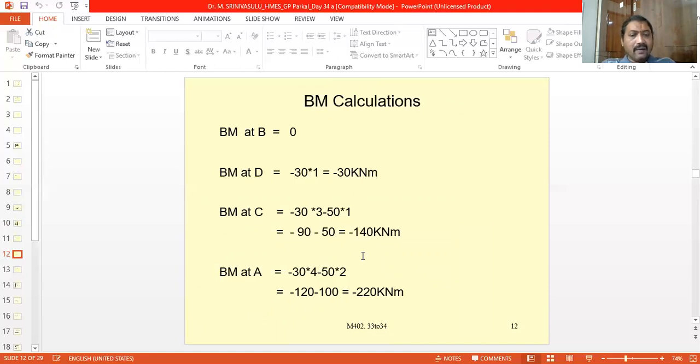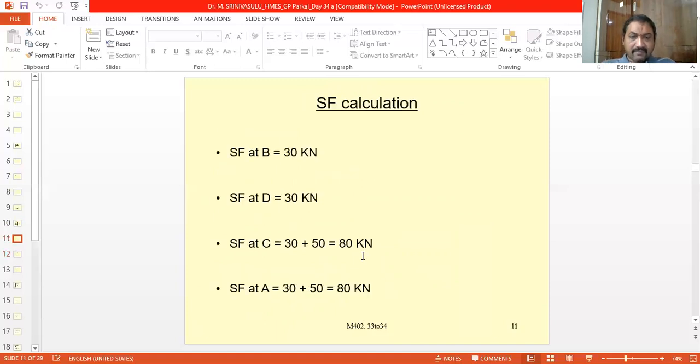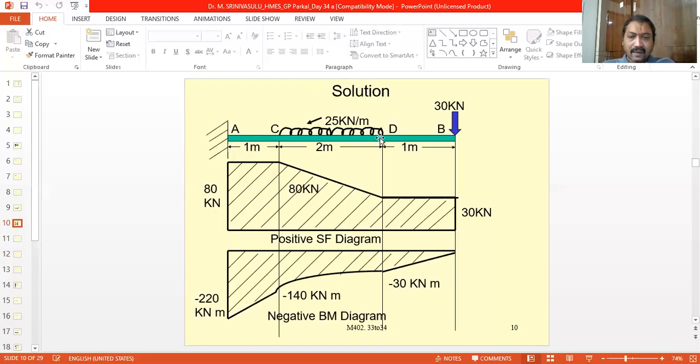Next, the bending moment at point D. If we take the section here, to the right of the section only this force is acting. So 30 into how much distance? 1 meter. So 30 into 1 is equal to 30 kN meters.